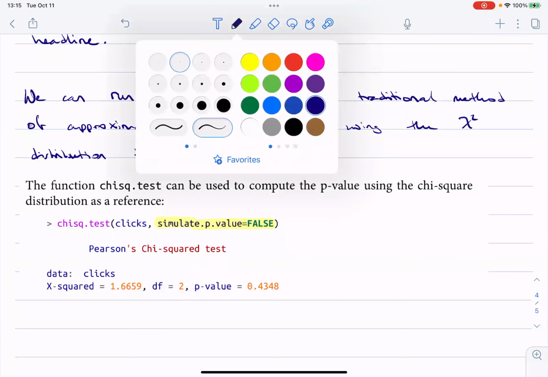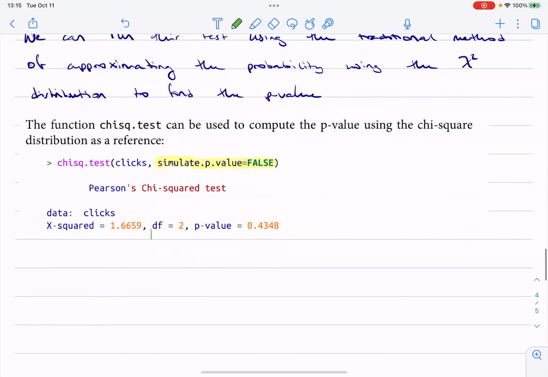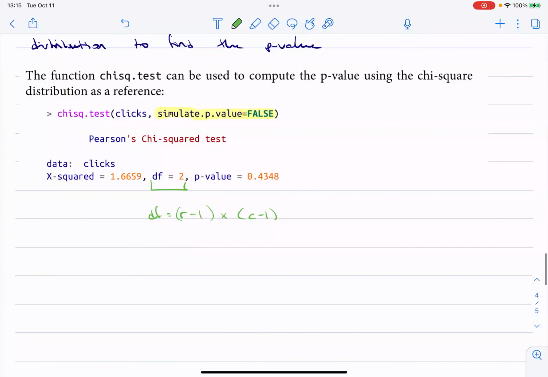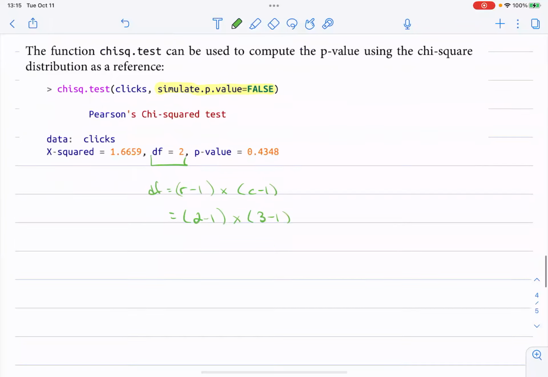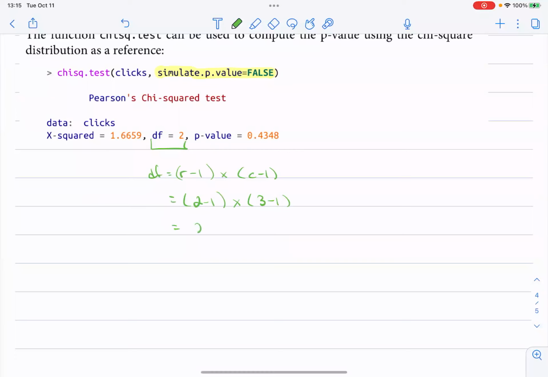And the degrees of freedom, remember, is R minus 1 times C minus 1, which in this case was 2 minus 1 times 3 minus 1. 1 by 2 is 2.